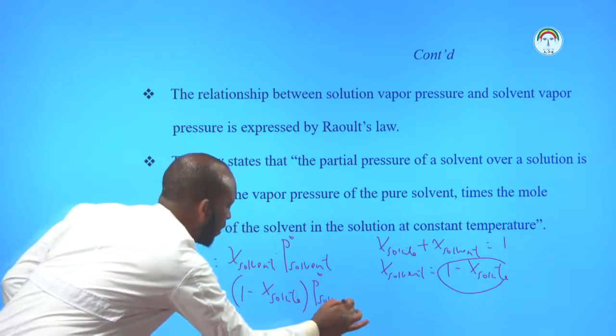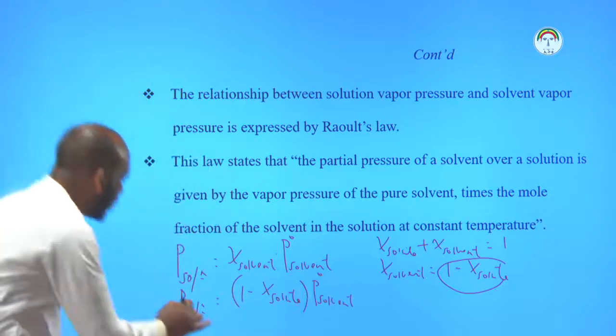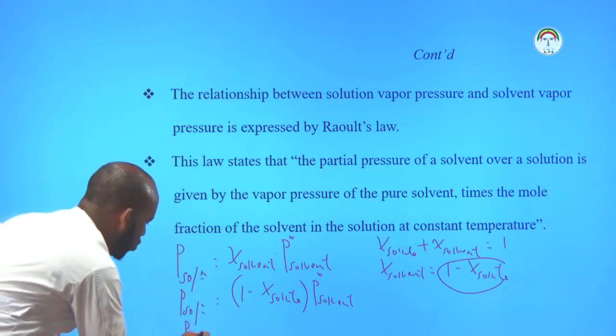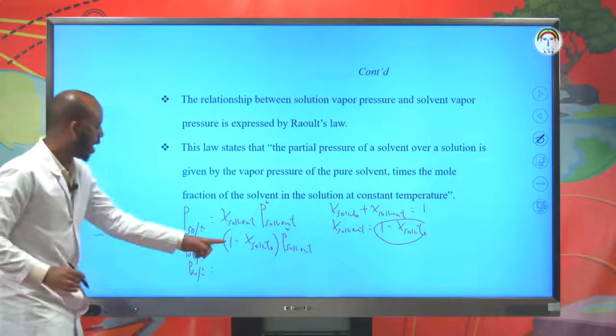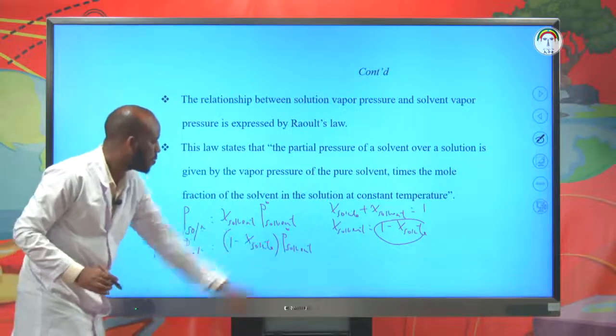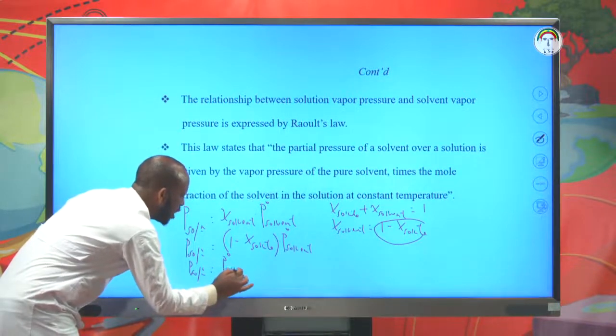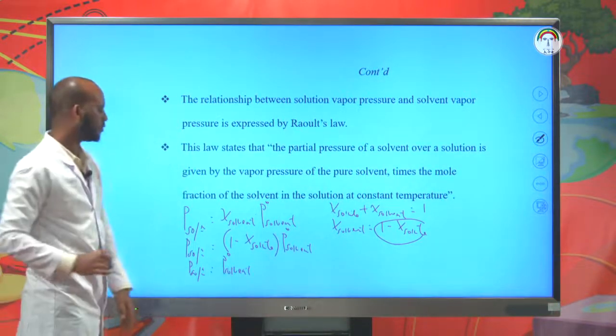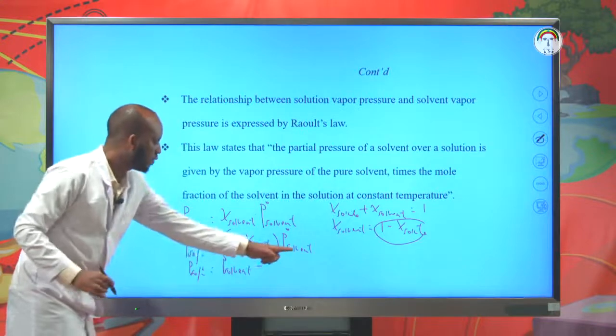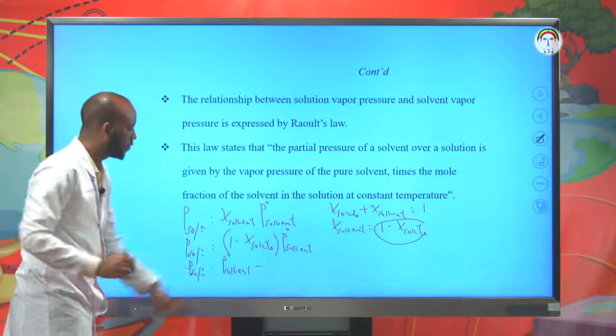P of the solution equals 1 times the vapor pressure of pure solvent, P naught of the solvent, minus P naught of the solvent times the mole fraction of the solid.